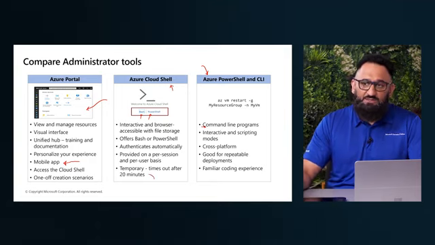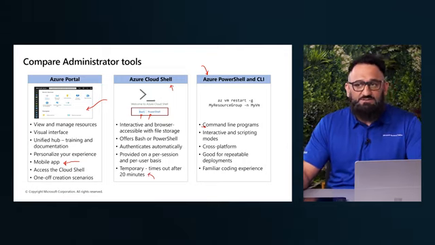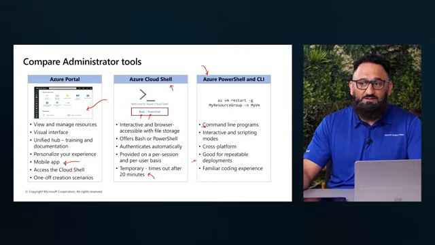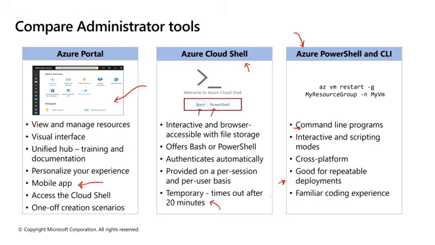Typically, the Cloud Shell is only going to be active for 20 minutes. So if the tasks that you're running in your Cloud Shell environment require longer to either complete a script or perform a task, then it's recommended that you use PowerShell or a command line solution directly rather than running them in Cloud Shell.